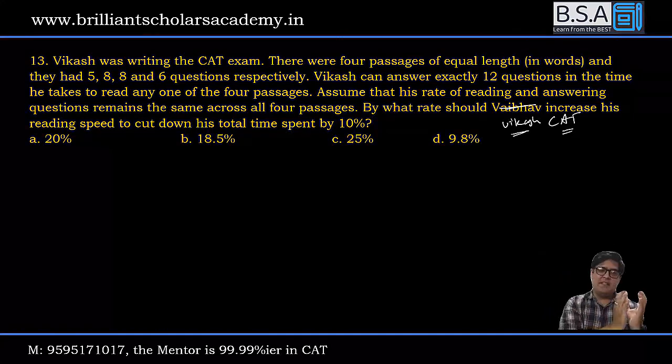Assume that his rate of reading and answering questions remains the same across all 4 passages. By what rate would Vikash increase his reading speed to cut down his total time spent by 10%? If the total time has to be reduced by 10%, how much must the reading speed increase?